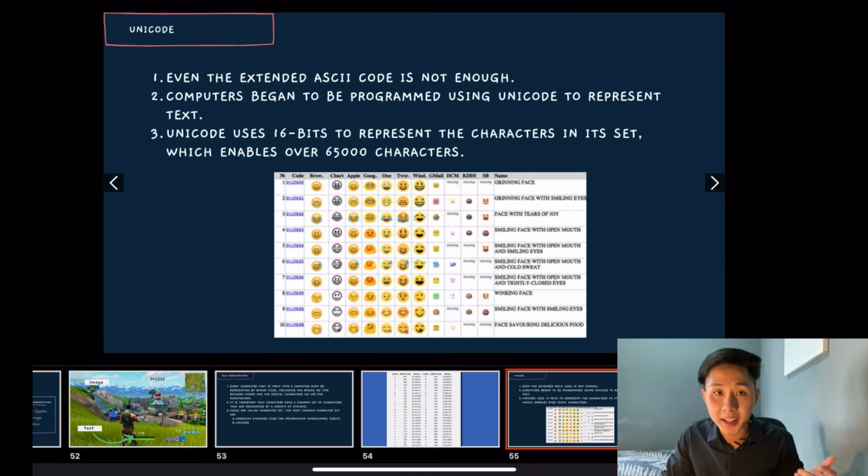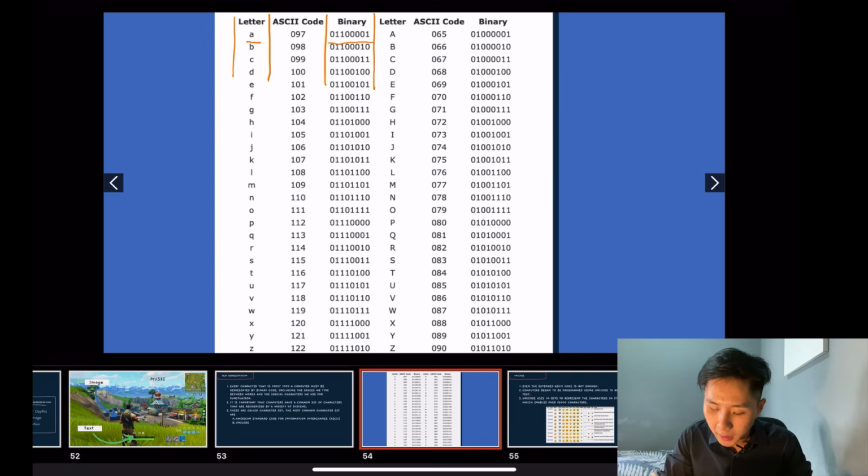The other character set that is commonly used nowadays is called Unicode, and this is because the ASCII code is not enough. If you look here, we only have 8 bits. We know that the number of representations 8-bit binary can have has a limit. It's only 255 characters, which means ASCII code can only adapt to 255 unique characters.